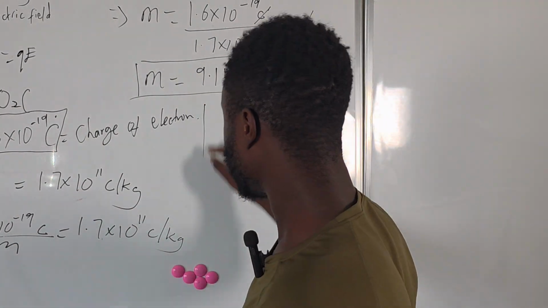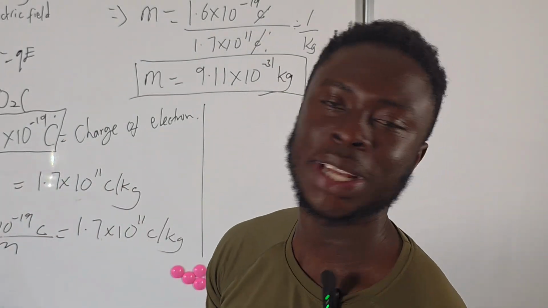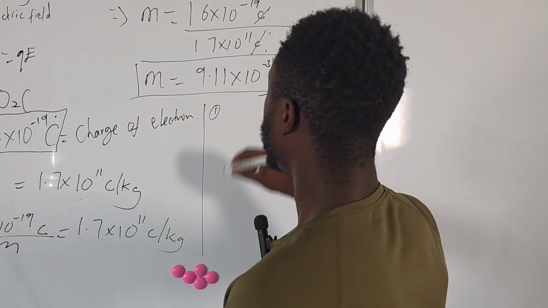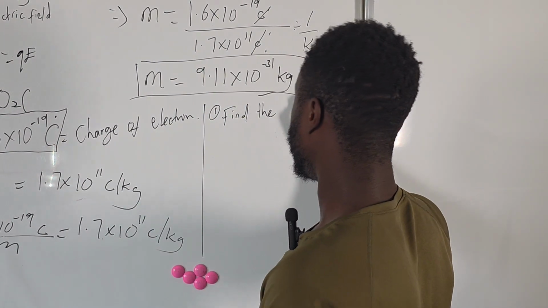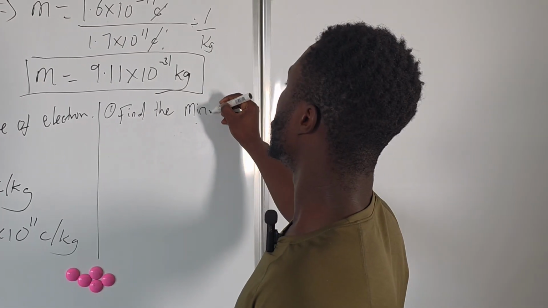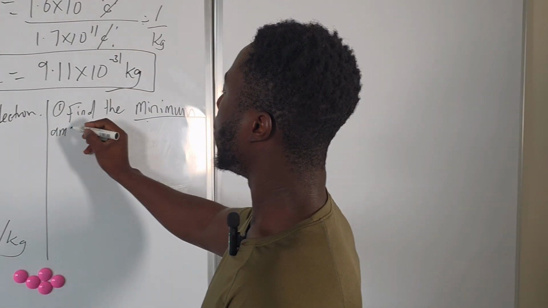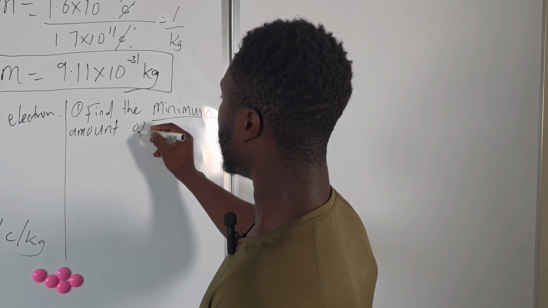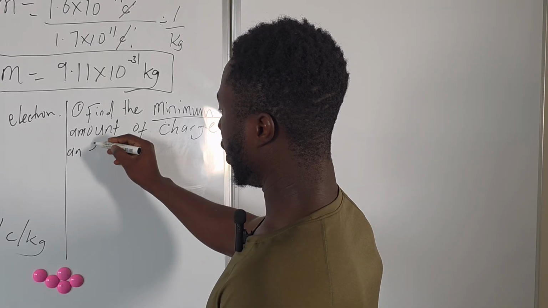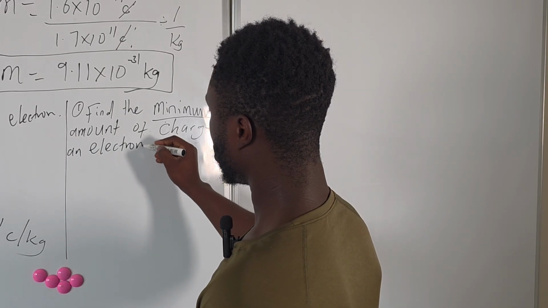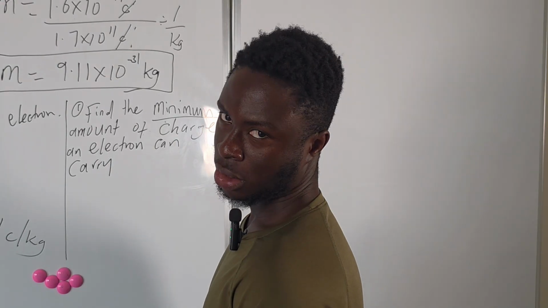So in hindsight, what did Millikan's oil drop experiment do for us? Of what importance was it? So one, it helped us to find the minimum amount of charge an electron can carry, right?